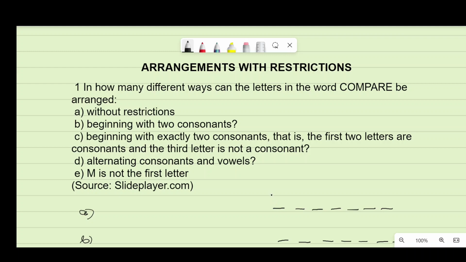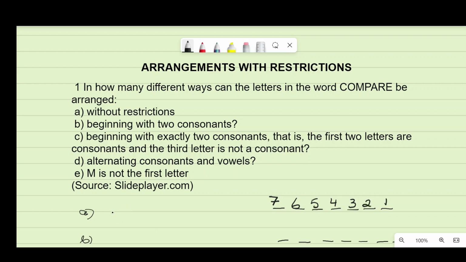Because there are 7 letters, we have all 7 choices. We can start with C, O, M, P, A, R, or E. But for position 2, we are only left with 6 choices. Position 3, 5. Then 4, 3, 2, 1.